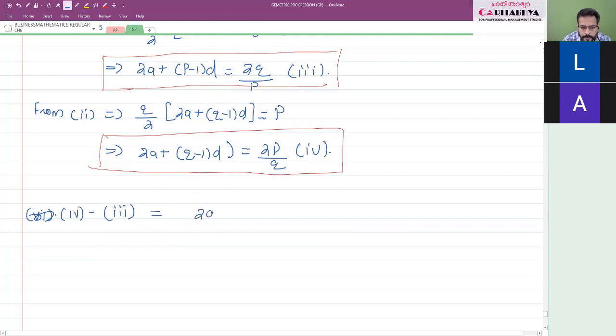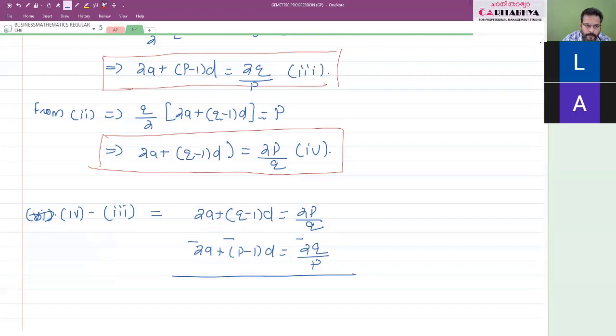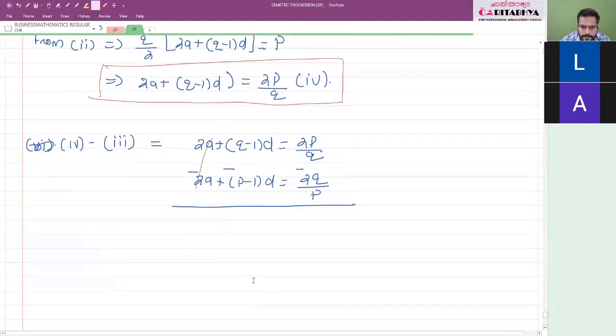2A plus Q minus 1 into D is equal to 2P divided by Q, minus 2A plus P minus 1 into D is equal to 2Q divided by P. So 2A gets cancelled.